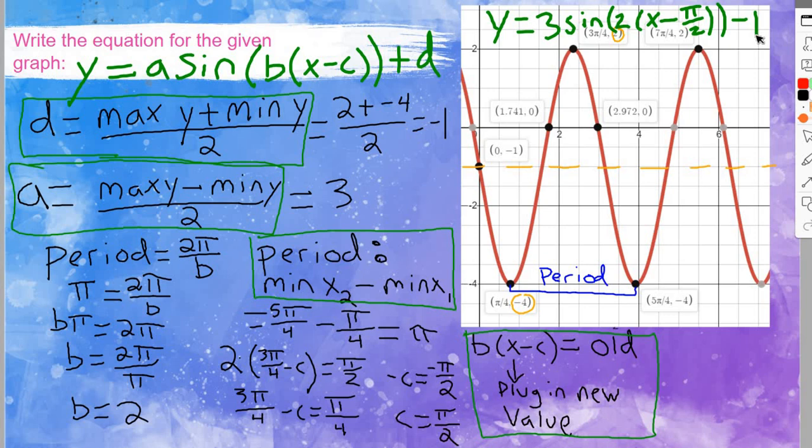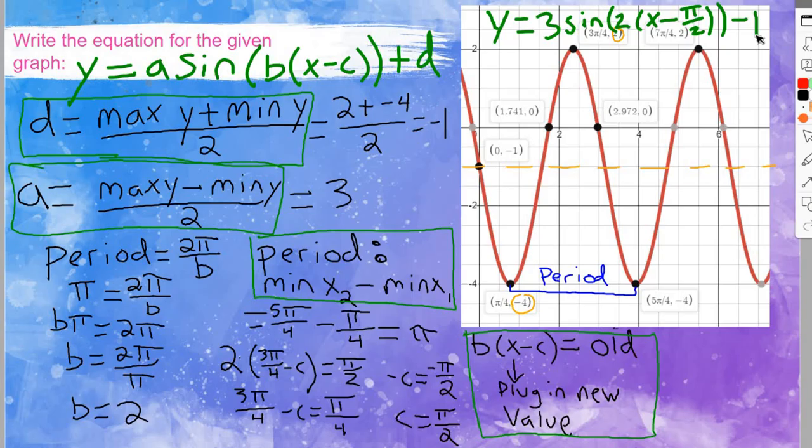I'm still a little bit confused on C, like how to find C. So again, we're trying to take an old value, and so I'm setting it equal to where it happened on my parent function, which is where we got the pi over 2, because sine normally has a maximum at pi over 2.